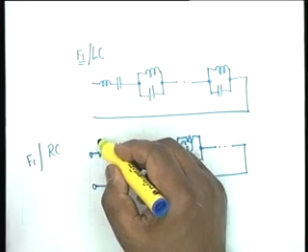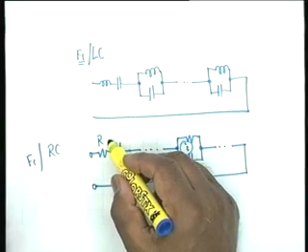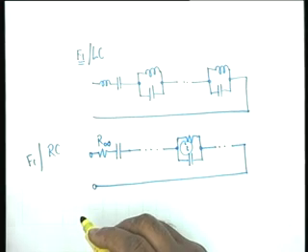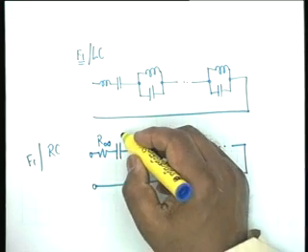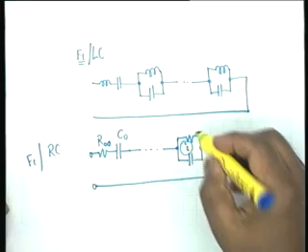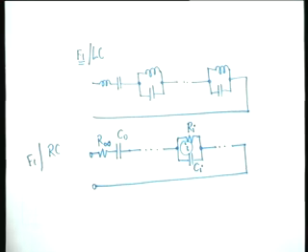Let us say this is R infinity, and let us say this is C0, and let us say this is Ri and this is Ci. This is the most general form for an RC driving point function.